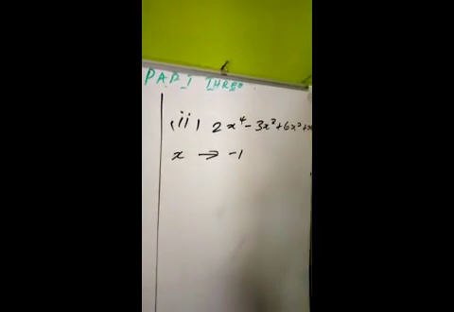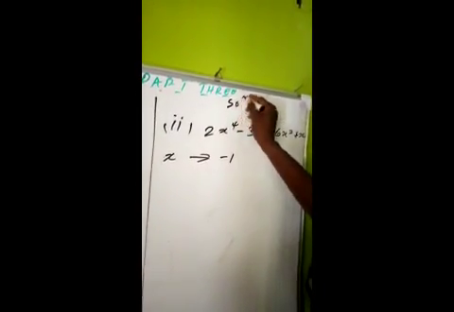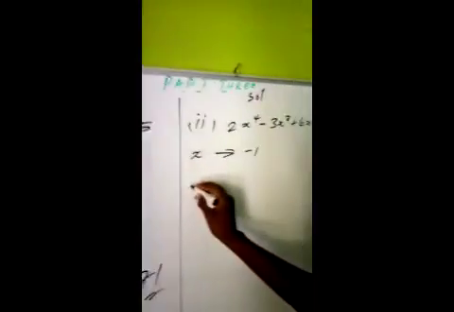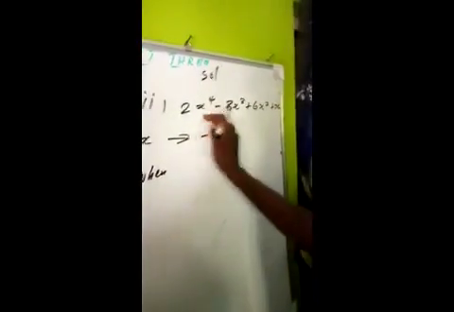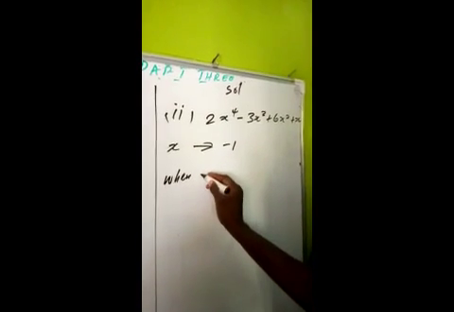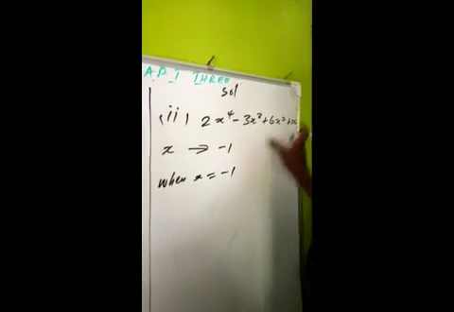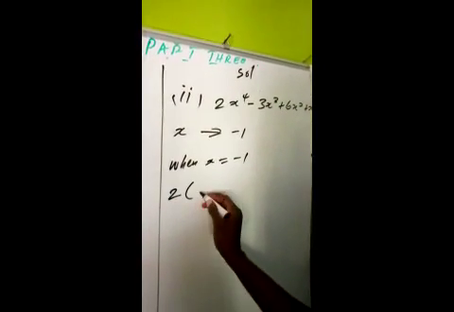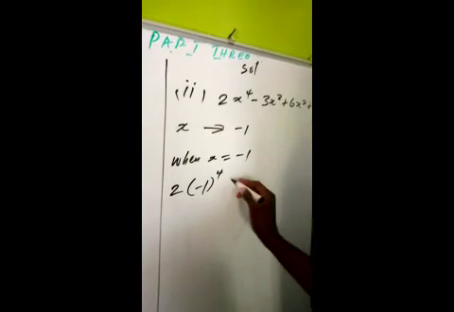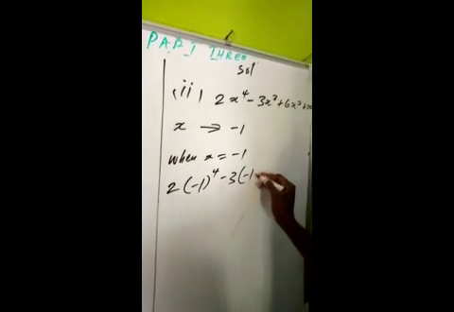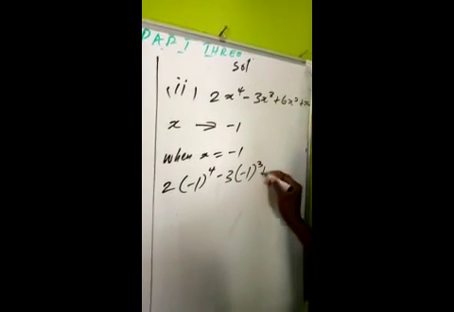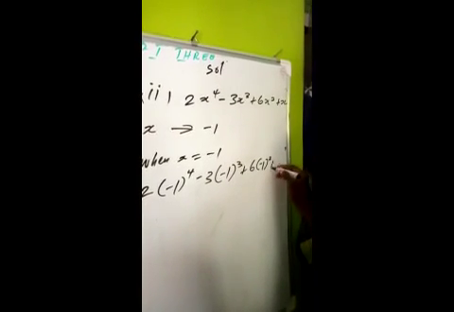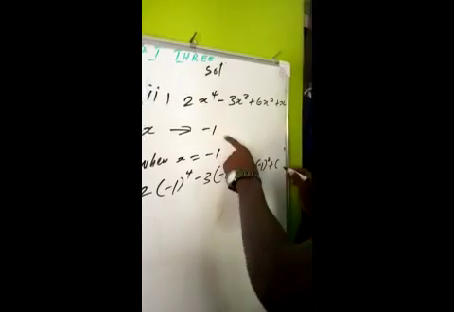Then from this point, under our solution of part 3 of calculus, you say simply that when s is equal to minus 1, we are using the function, any place I see s, I put minus 1. So we have 2 bracket minus 1 raised to power 4 minus 3 bracket minus 1 raised to power 3, then plus 6 bracket minus 1 raised to power 2, then plus bracket s is minus 1.